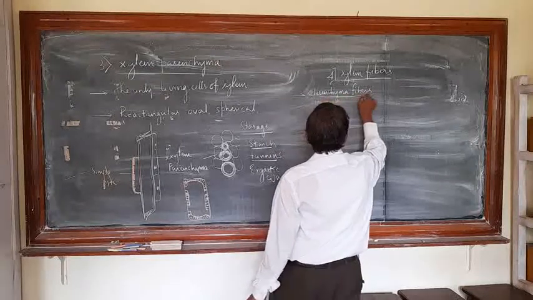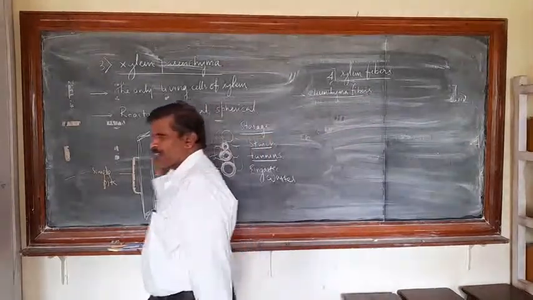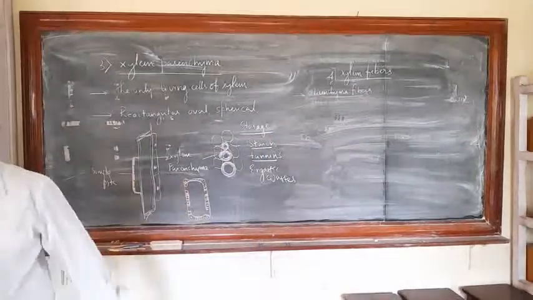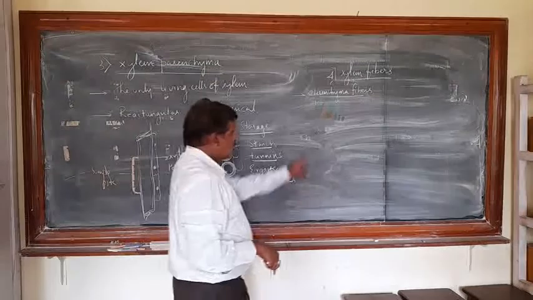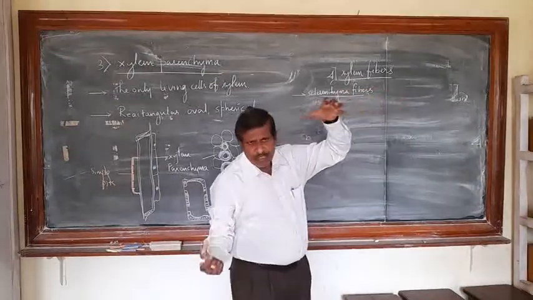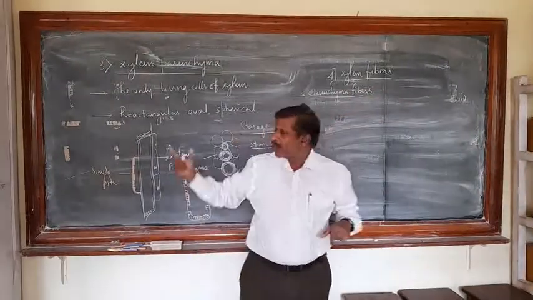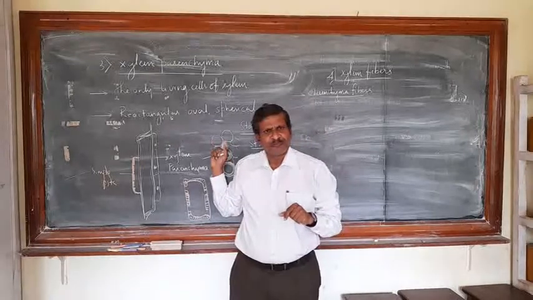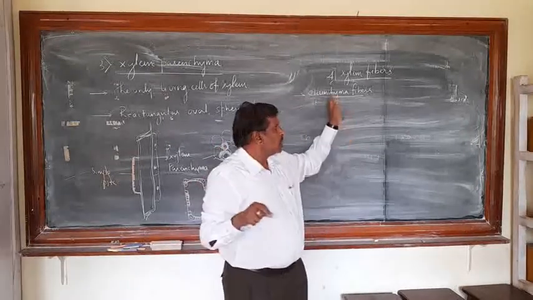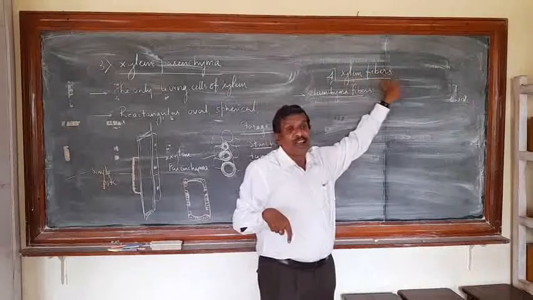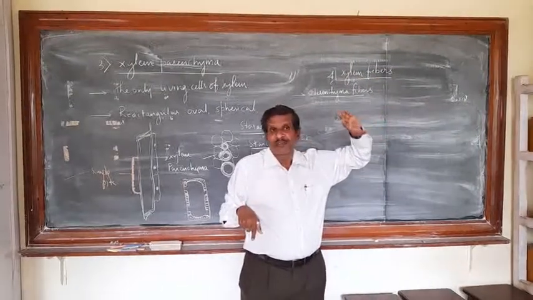That means they are the sclerenchyma cells present in the xylem tissue. But these sclerenchyma fibers are present along with trachea or tracheids. That is why they are referred to as xylem fibers.